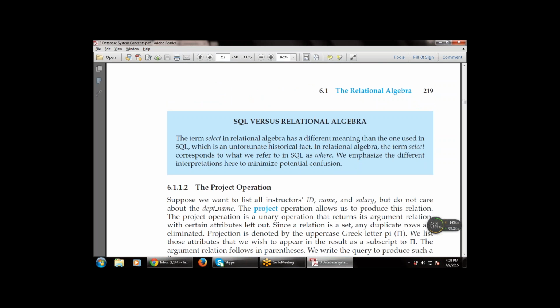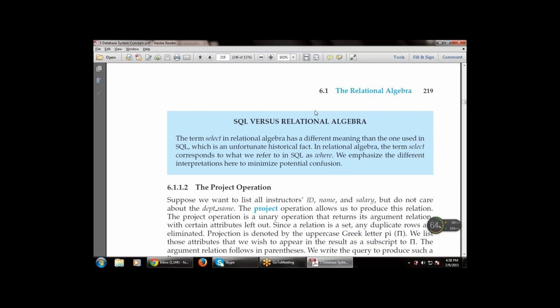Now, SQL versus relational algebra. What is the main difference between SQL and relational algebra? The term select in relational algebra has a different meaning than the one used in SQL, which is an unfortunate historical fact. In relational algebra, the term select corresponds to what we refer to in SQL as where.